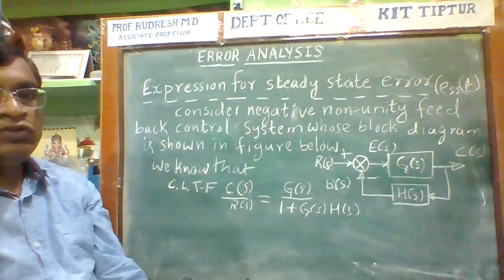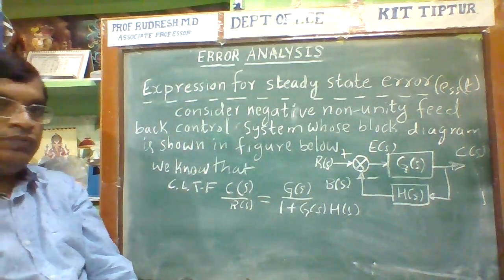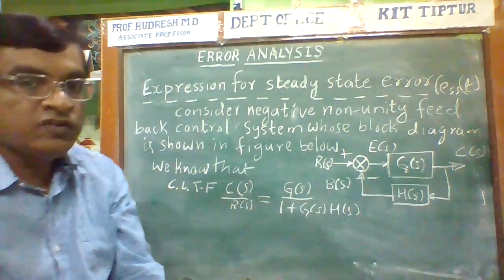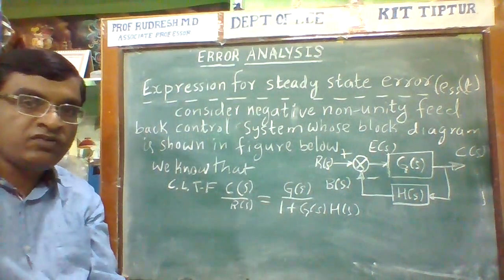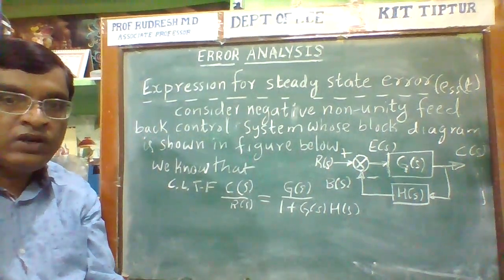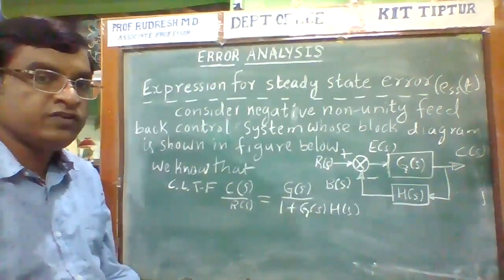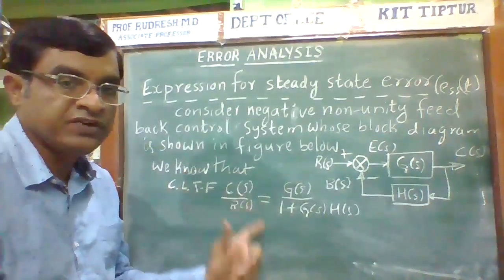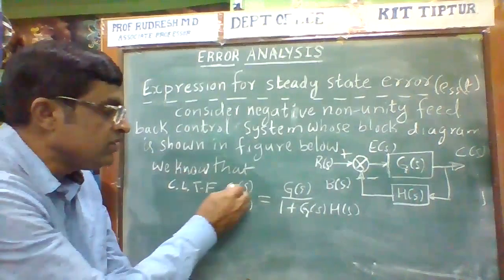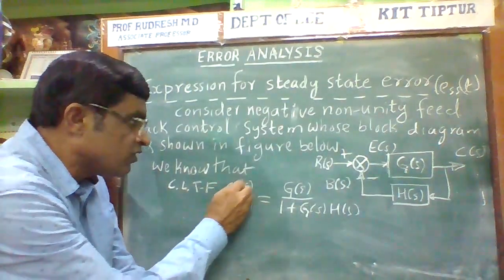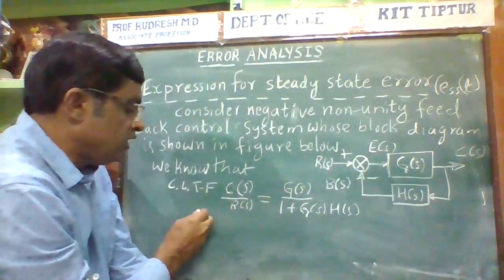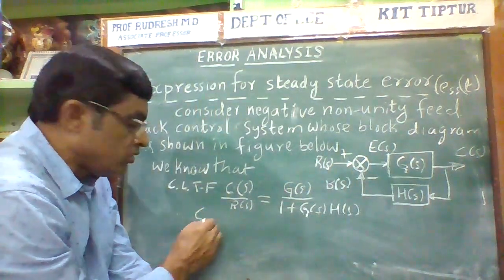Now this is the standard expression for the closed loop transfer function. Now I want to find the output in the s domain, the response in the s domain.